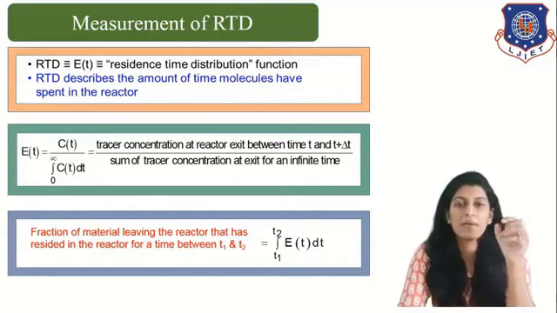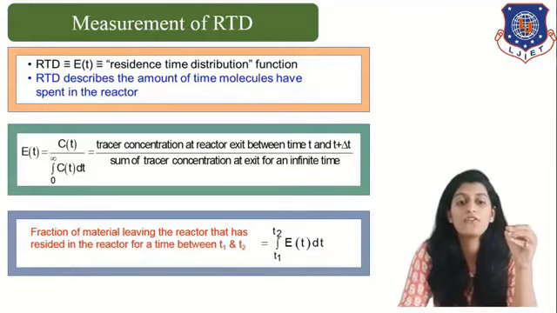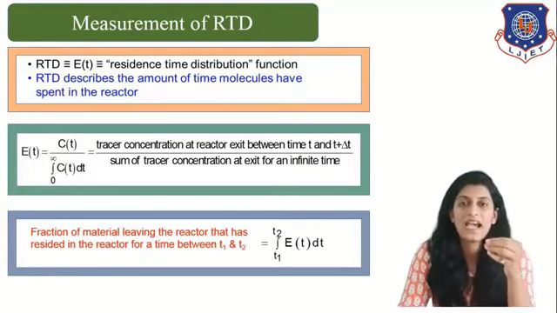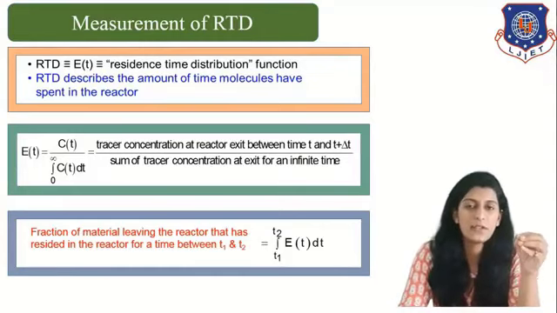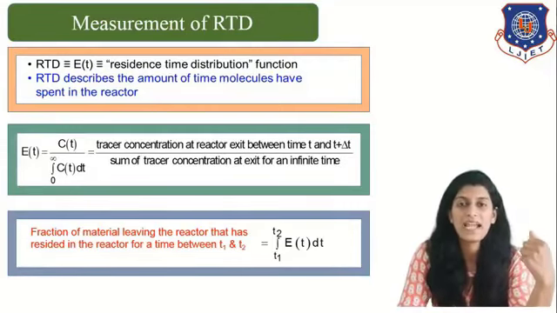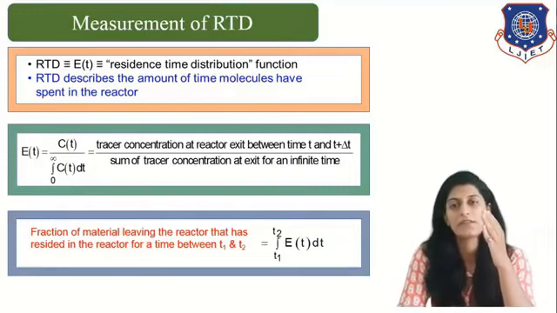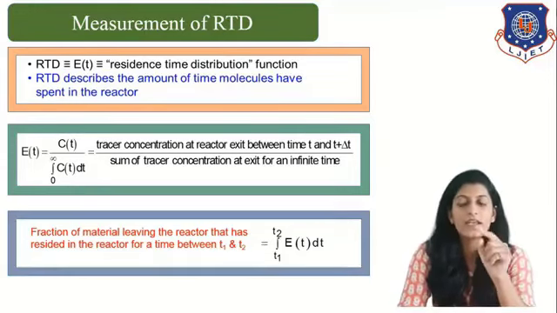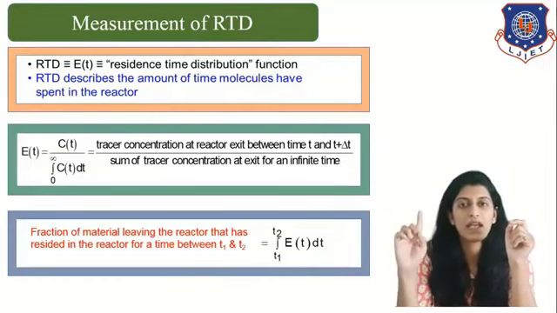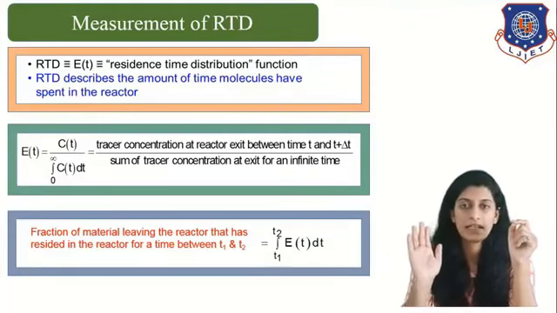Suppose we need to determine how much tracer is coming out of the reactor between 10 minutes and 15 minutes. I will take all the tracer concentrations in that time range, and first I will find E(t) using the second formula, E(t) equals C(t) upon the integration from 0 to infinity of C(t) dt.